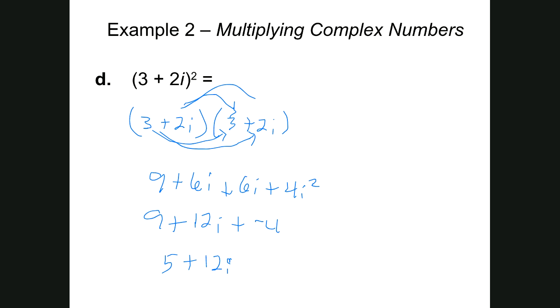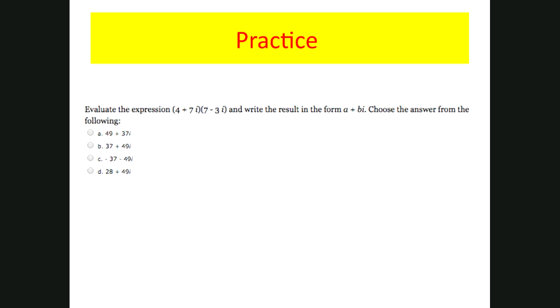All right, let's try a practice problem. Evaluate the expression 4 plus 7i. Okay, so I have 4 plus 7i times 7 minus 3i. Okay, so if I FOIL this out, that gives me 28, that gives me negative 12i. 7i times 7i, well, that's 49i.